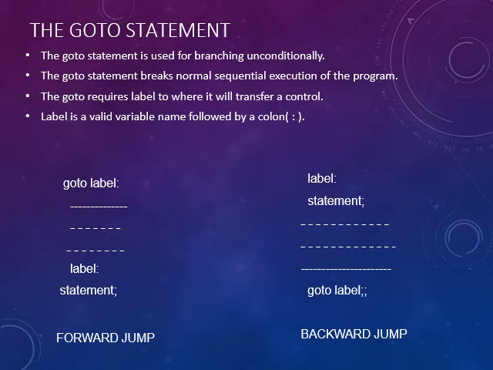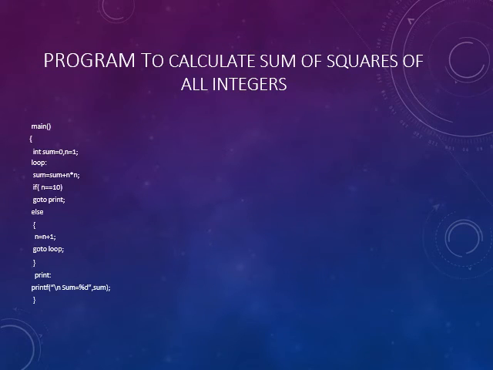And goto is another branching statement which can be used either to move from below statements to above statements or above to below statements, using backward and forward jump. So here we can see a simple program, and we have written loop here, that is loop followed by a colon, and here some statements are there, and goto loop is there.